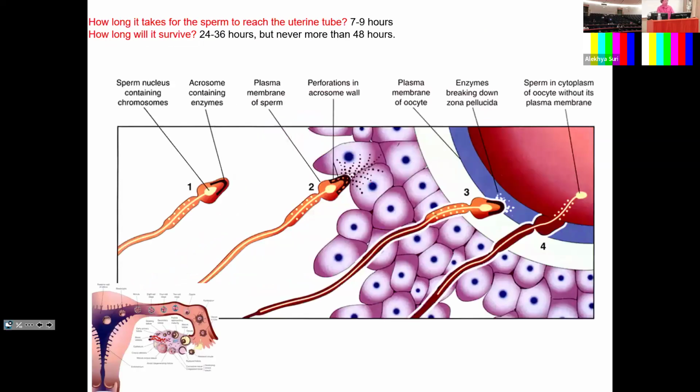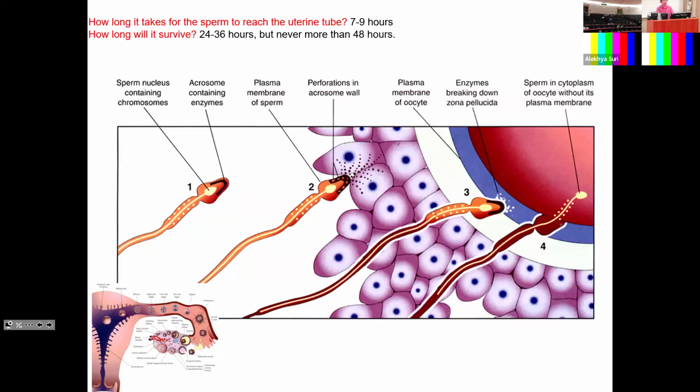And this is a magnification with the sperm here, with the acrosome, responsible for the acrosome reaction, containing enzymes that will get through the corona radiata cells. And then the sperm will find and bind to the zona pellucida.